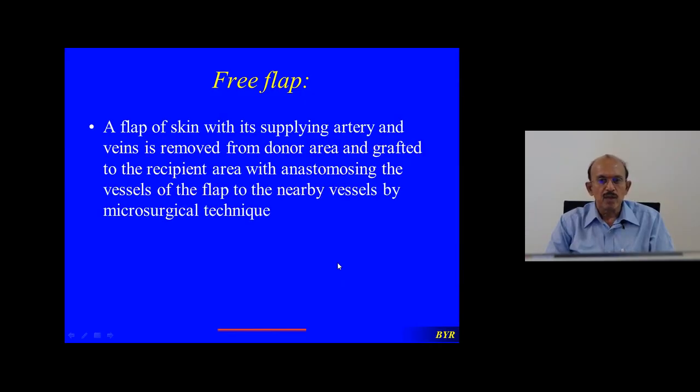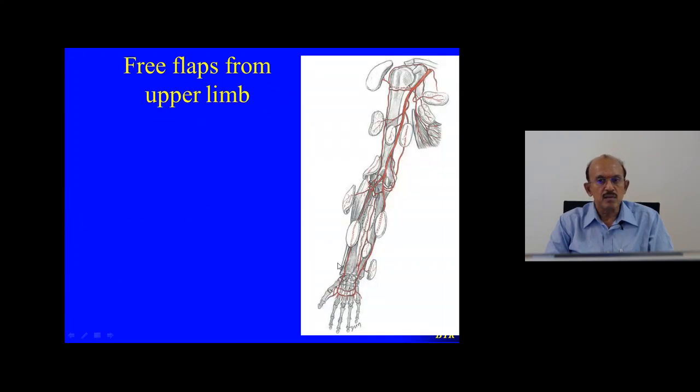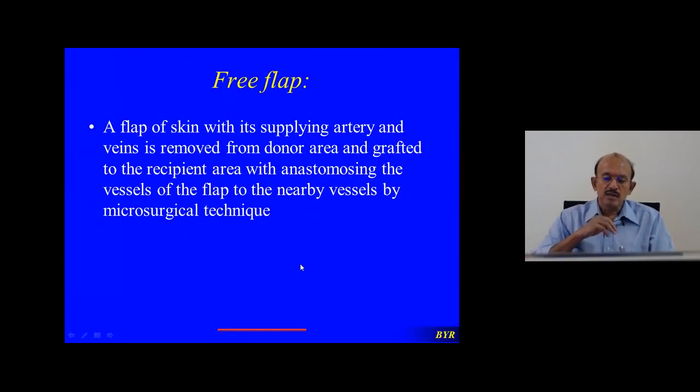Free flap: a flap of skin with its supplying artery and veins is removed from the donor area and grafted to the recipient area, anastomosing the vessels of the flap to the nearby vessels by microsurgical technique. For example, just now I told you about hemimandibulectomy. If a person has undergone mandibular removal, the overlying cheek is also removed.